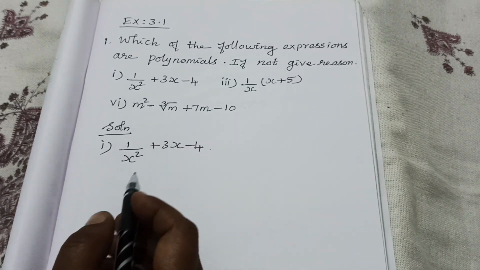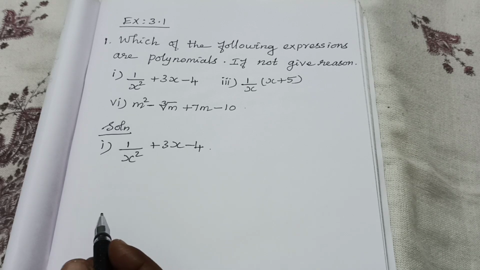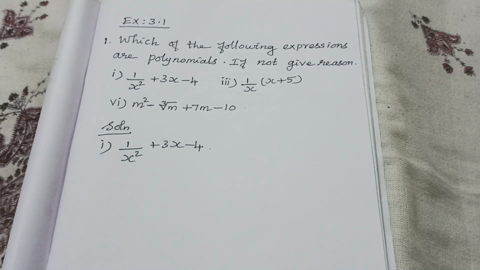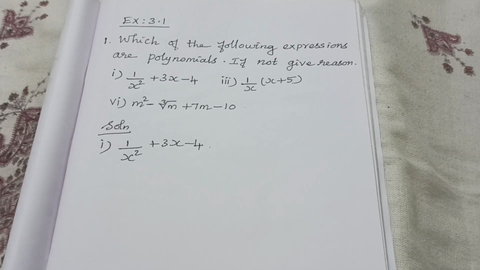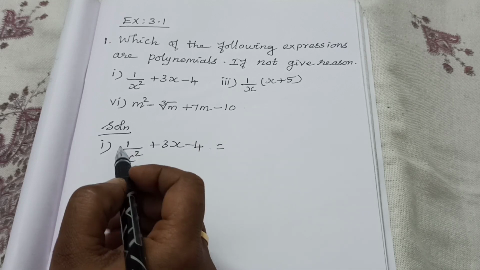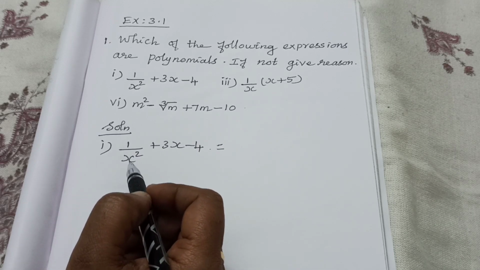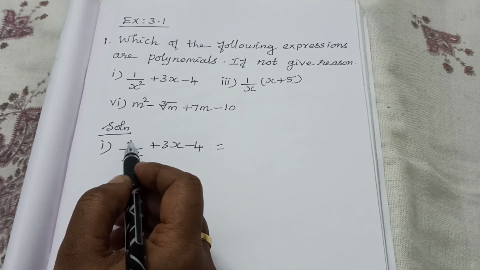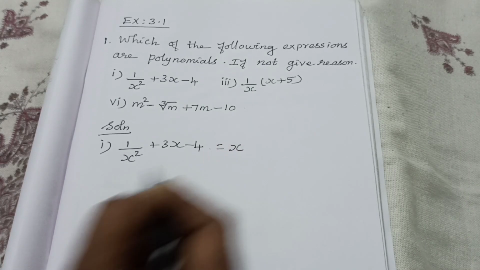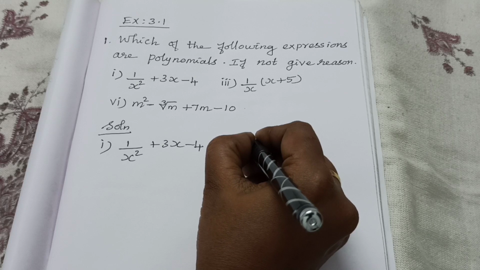This polynomial you have to write in the correct order. Here 1 by x square is there. If you bring it to the numerator, how can we write? x power minus 2.